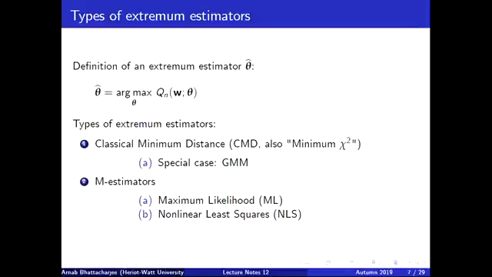So these are called classical minimum distance estimators. And there are M estimators, which are sort of similar, but they maximize a different kind of quantity, and we are going to come back to these in a little bit, right? Nonlinear least squares we are going to do here, there will be just one slide, it is just for information, and then we are going to spend more time on maximum likelihood.